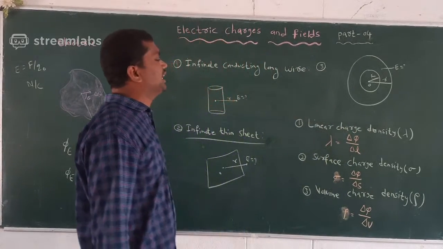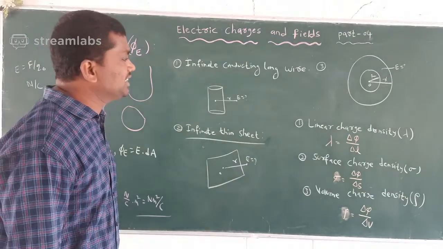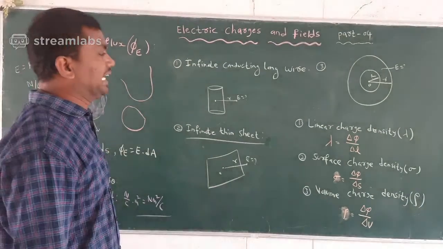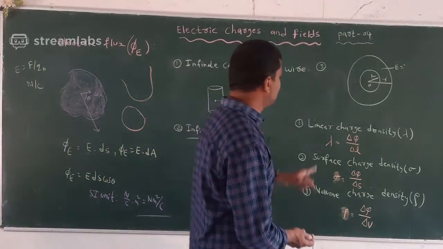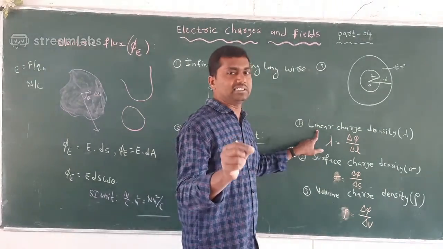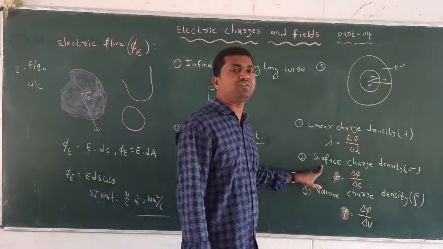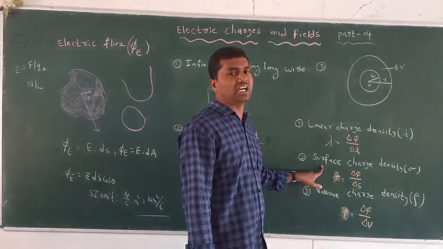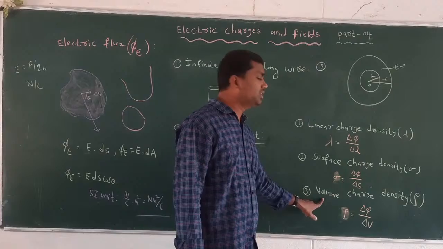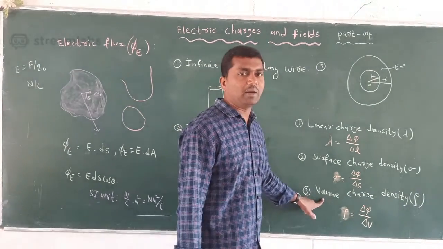So we can observe these equations. First one is lambda equal to delta Q by delta L. What is the meaning of delta Q by delta L? Linear means the length of the object. Surface means the area of cross section of the object. And volume represents the volume of the object.